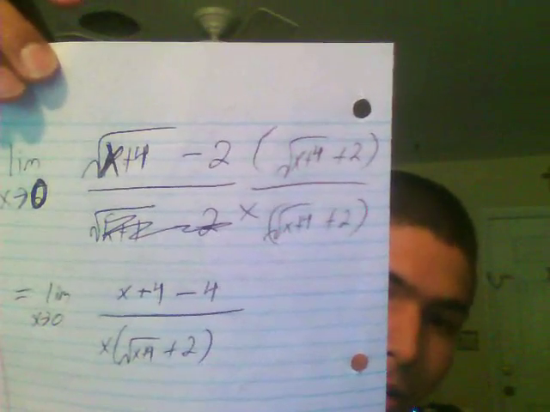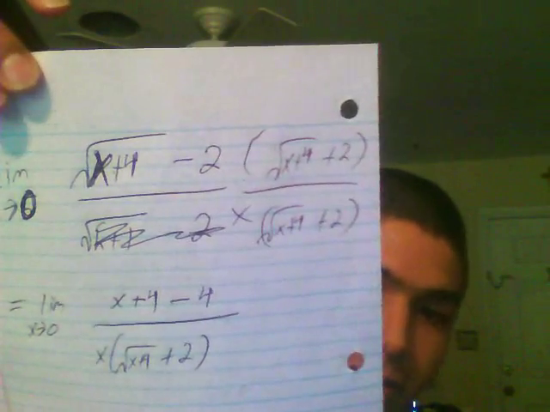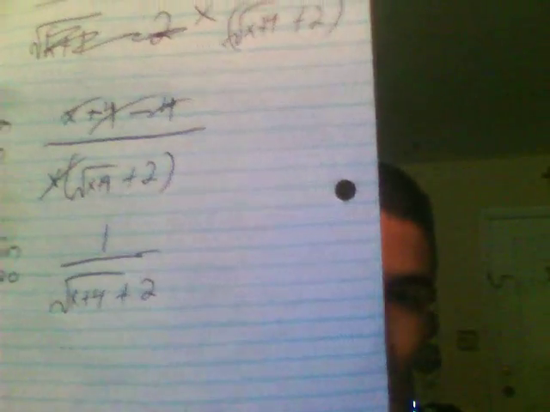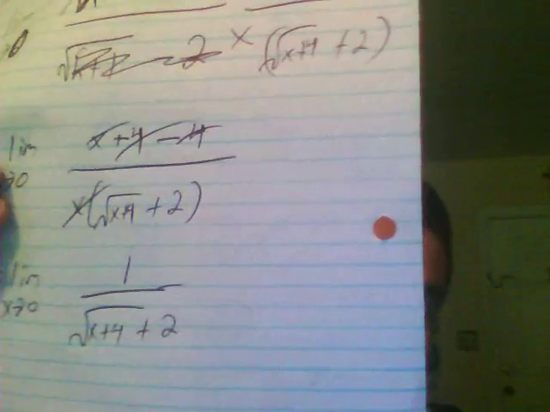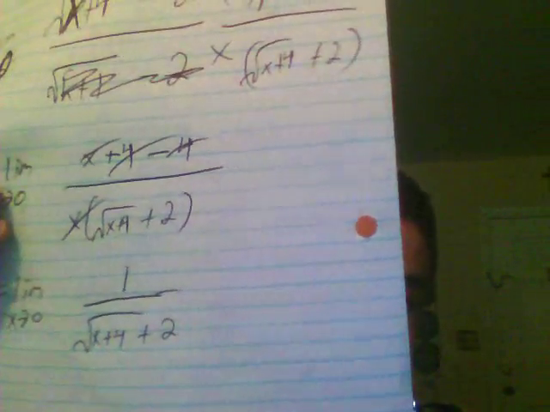Now, there we go. So now you see the 4's cancel and the x cancels, right? Boom, boom, boom, boom. So the limit as x approaches 0 of 1 over square root of x plus 4 plus 2. Now it works. You see that? Plug in the 0, you get square root of 4, which is 2 plus 2, which is just 4. So it'll be 1 over 4, right?